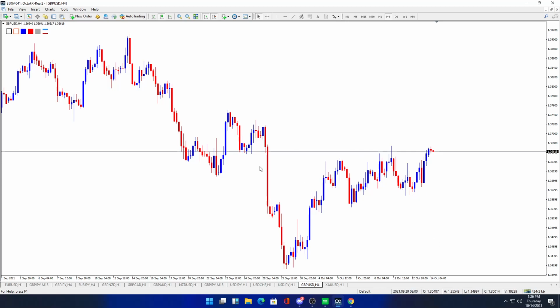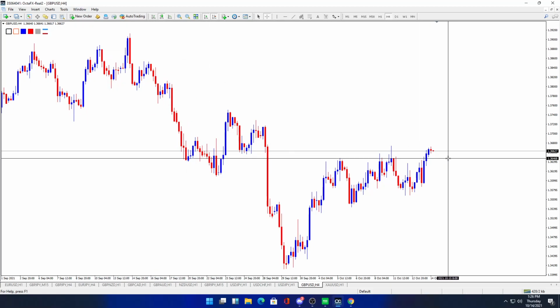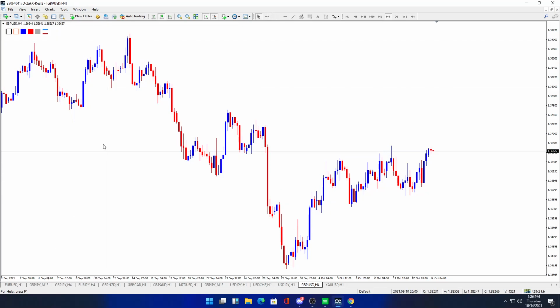But the major trend, as you can see here, is still on the downtrend side. So we just look for short positions, where we look for sell positions, because I still see a downtrend for this pair. I do not see a significant sign for this pair to change the trend to an uptrend. It's still in a downtrend.